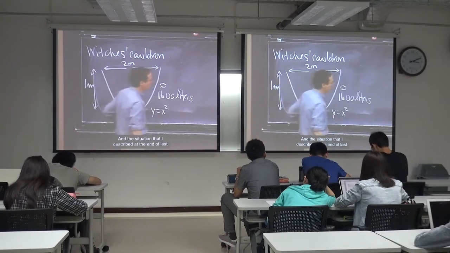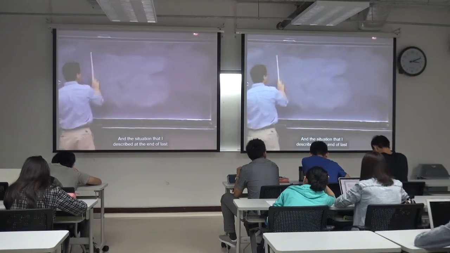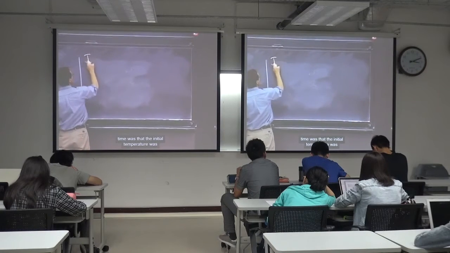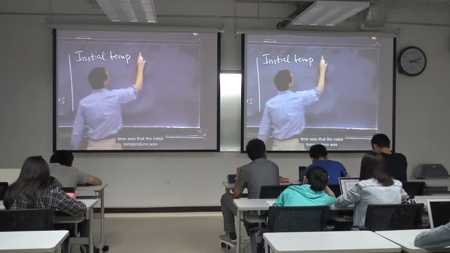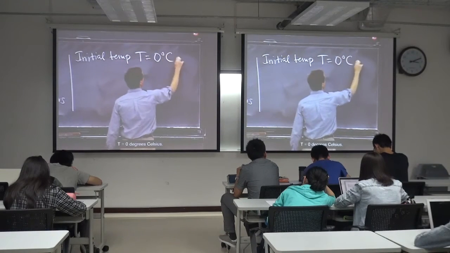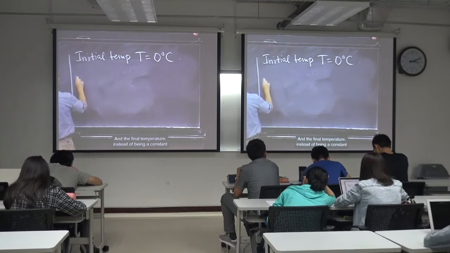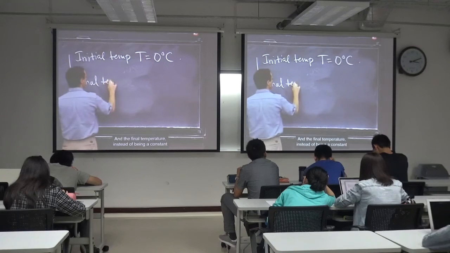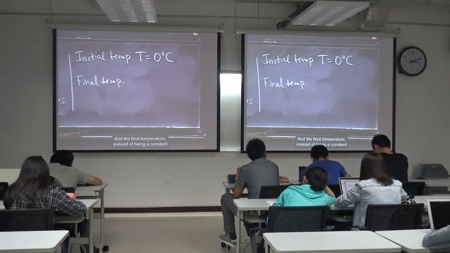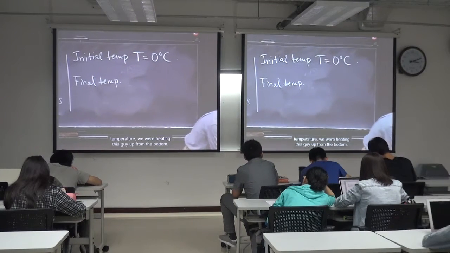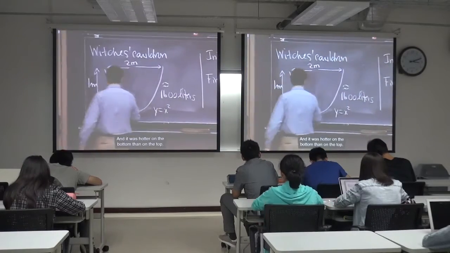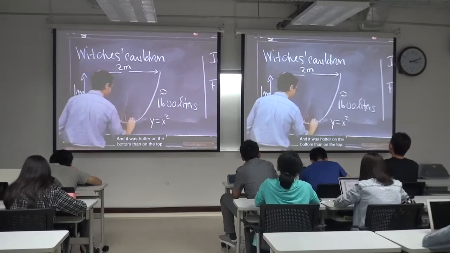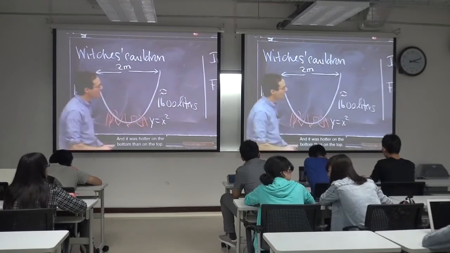And the situation that I described at the end of last time was that the initial temperature was T equal to 0 degrees Celsius, and the final temperature, instead of being constant, we were heating this from the bottom, and it was hotter on the bottom than on the top.